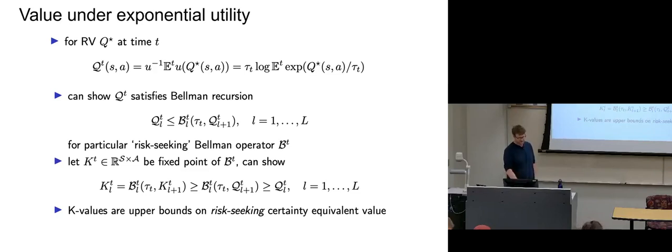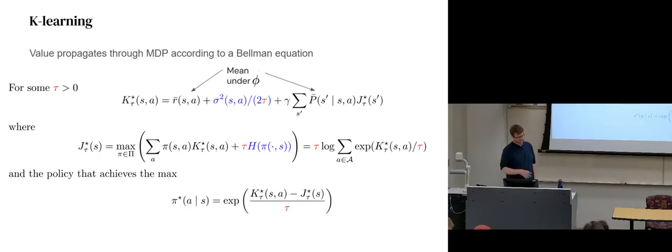So then, putting that all together, what does the algorithm look like, or what do the equations look like? You solve some Bellman equation that has the mean reward plus some bonus that depends on the uncertainty, if we make a sub-Gaussian assumption on the rewards again.